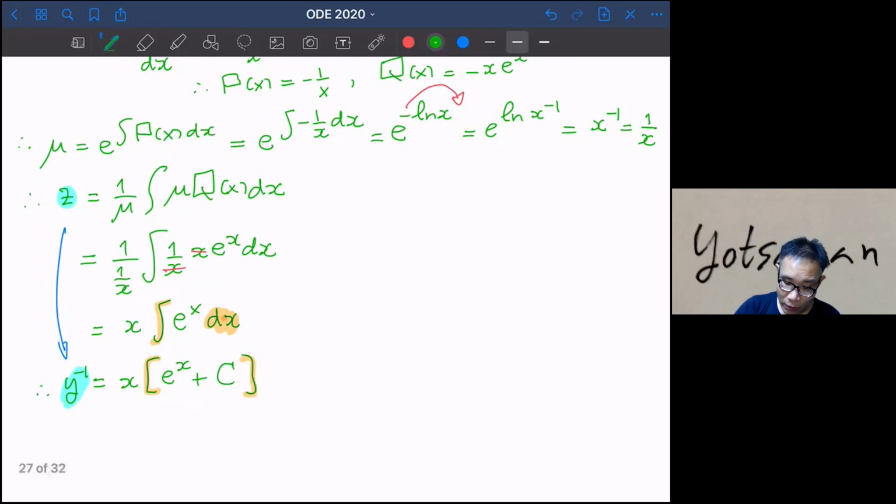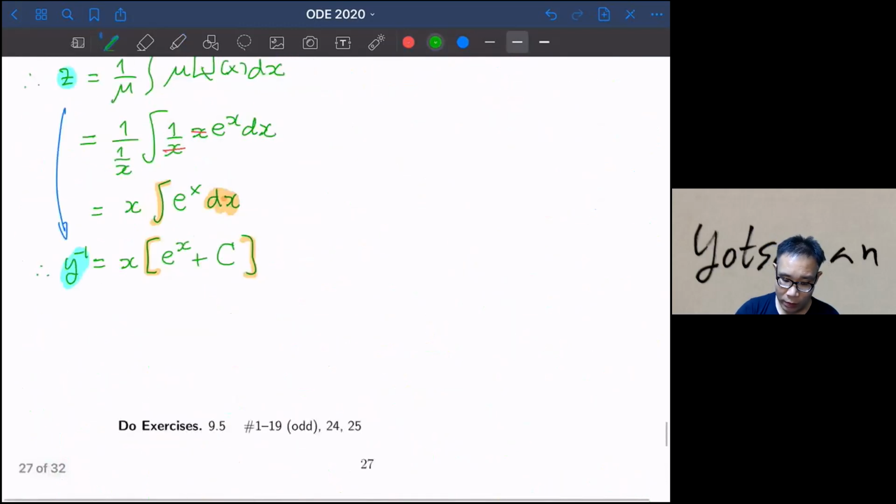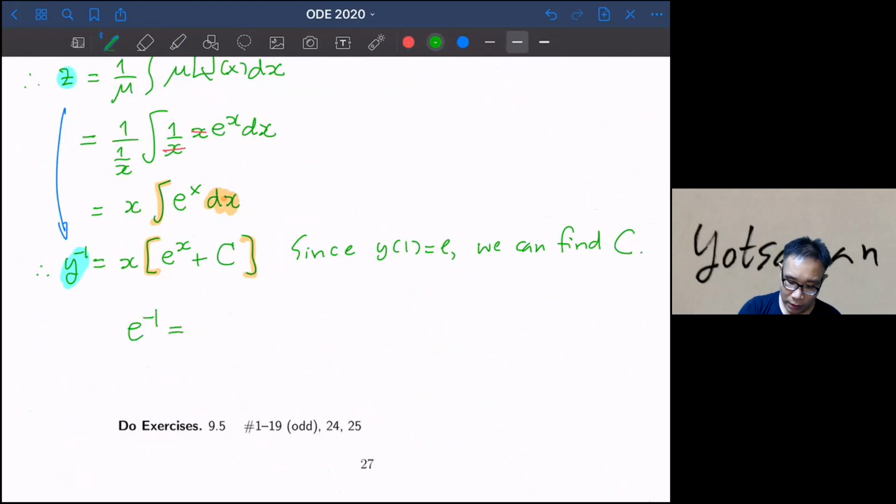We also have y(1) equal to e. Since y(1) equals e, we can find C. So you just have e to the negative 1 equal to 1 times (e to the first plus C), and this C will be just 1 over e minus e.